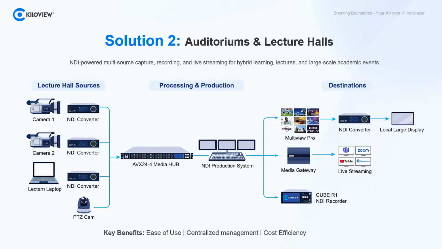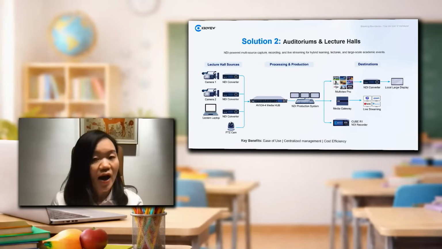And also, with the Kiloview solution, you will be able to easily, centrally manage all those sources, and overall, simply use our AVX Media Hub or the QSYS or all those kinds of devices. Very easily you can set up the solution and realize high quality live production events.